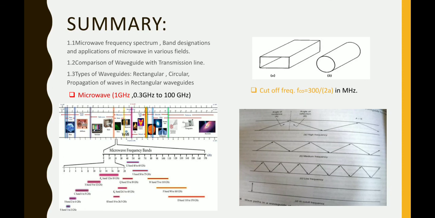Then we saw the different types of the waveguide, circular and rectangular waveguide, out of which we have to study these two particularly. The cutoff frequency we saw calculated as 300 by twice A in megahertz, and then we saw the different frequencies propagated through the waveguide and have different reflecting angles.